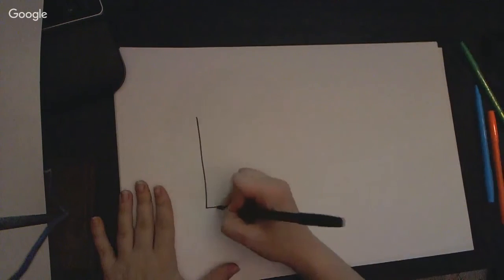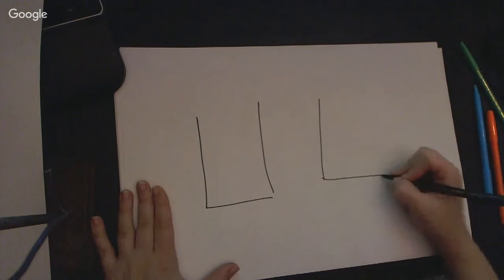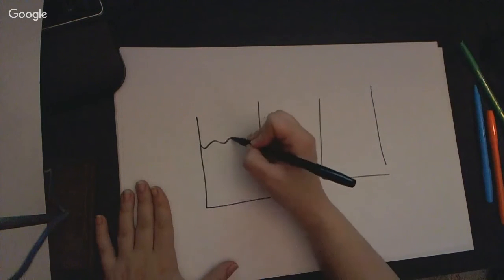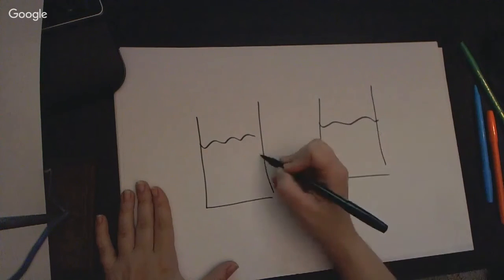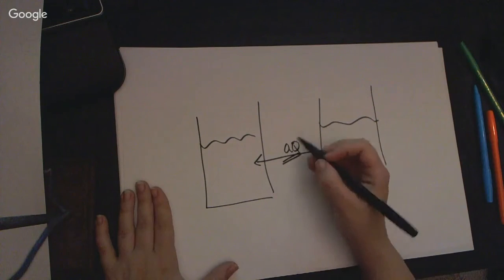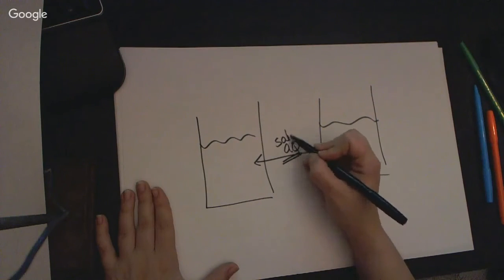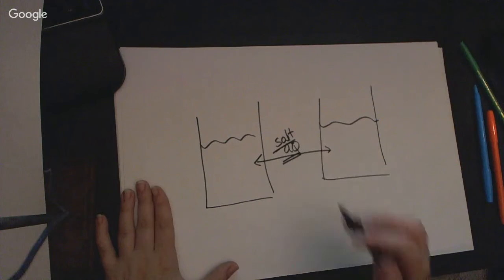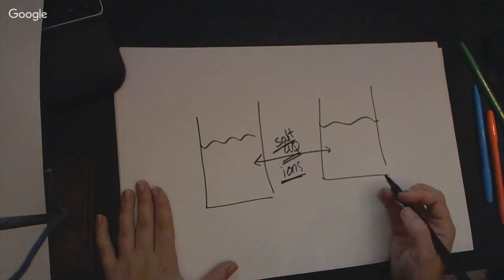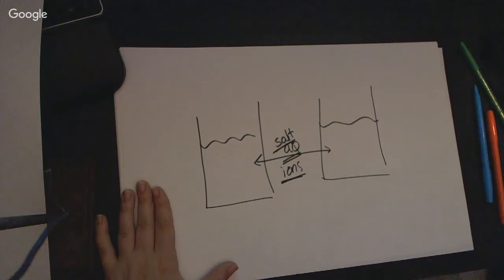A voltaic cell is going to have 2 sides. And the 2 sides are going to be filled with aqueous solutions. And these aqueous solutions are going to be some sort of salt solution, which means that they are going to have mobile ions in the solutions.